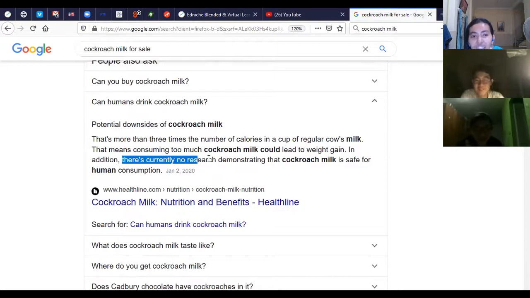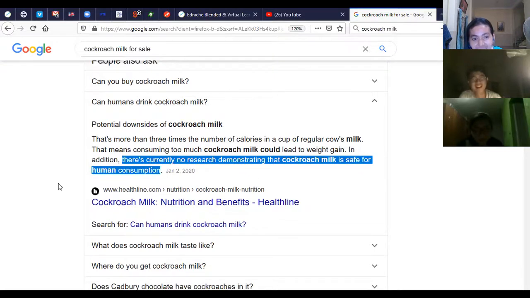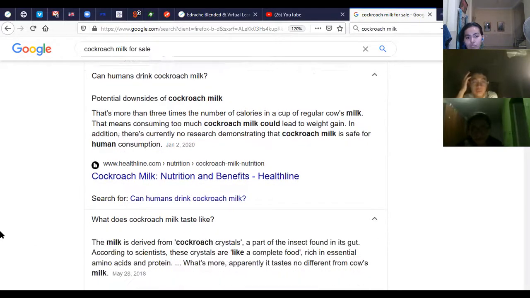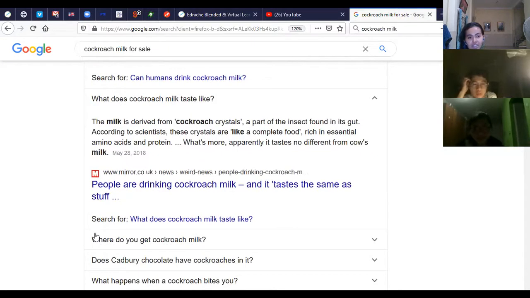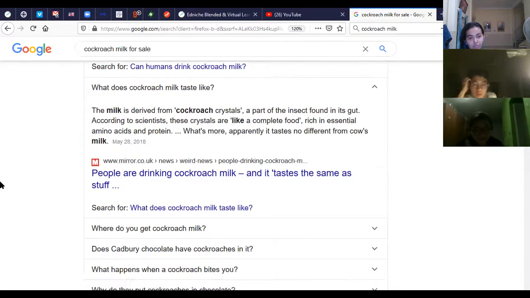There is currently no research demonstrating that it's safe for us to drink. Oh, but I saw news. This one came out on January the 2nd. I think I was sharing it with you in the group. Let me see. Oh, so this one is from 2018, they said people are drinking cockroach milk and it tastes the same.